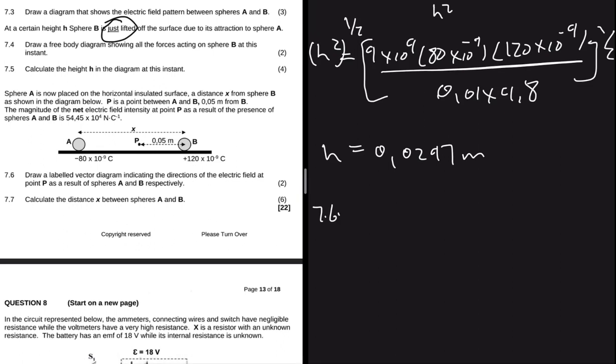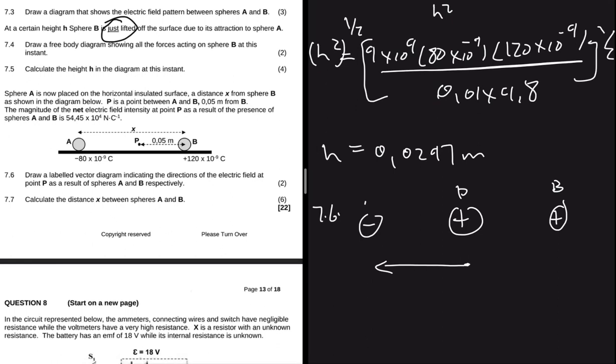So point P is a point charge, right? So we always assume that it's positive. And then sphere B is positive, right? And then sphere A is negative. So how do point P and sphere B interact? They repel each other, right? That means that the vector of charge B on P will point in that direction.